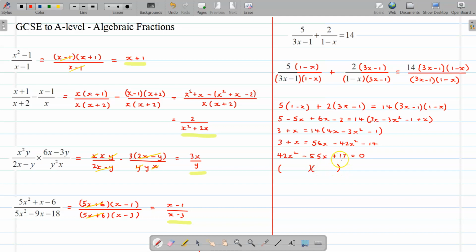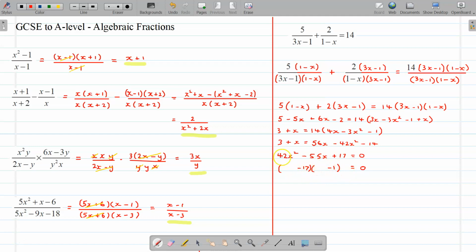Because 17 is a prime number, okay, and because the number in the middle is negative, and this is positive 17, it must have come from minus 1 and minus 17. That's a certainty. So there's no question that those two numbers must appear in the factorization.